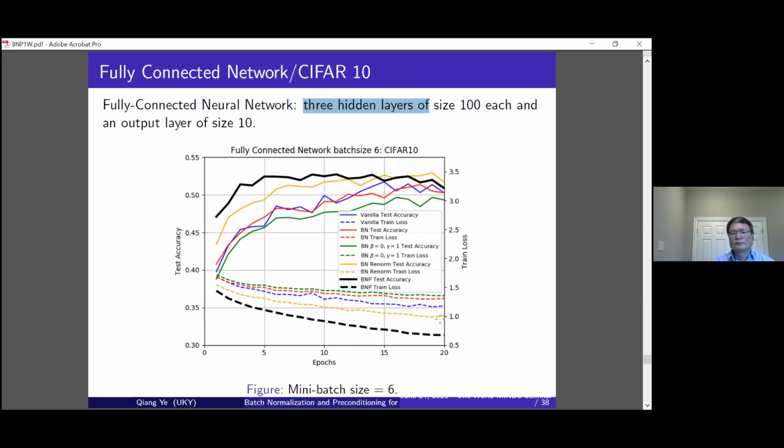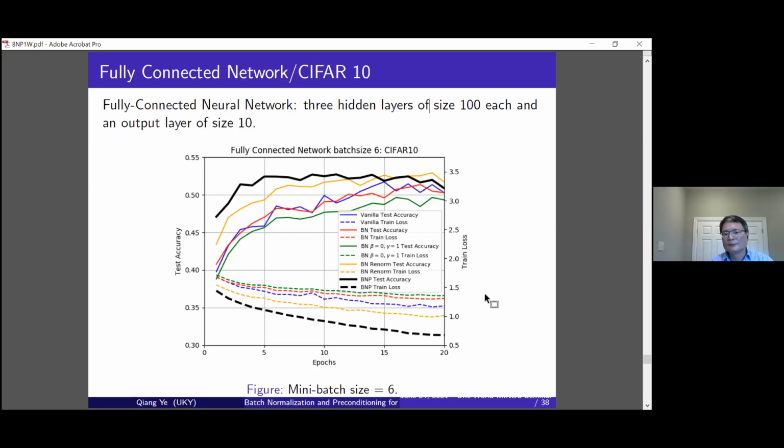What I present here is from the paper. I have several other methods in comparison there, but for us, I'm just going to look at BN, the vanilla network with no normalization, and BNP. The dashed line shows the training loss, how training loss converges, so it decreases.